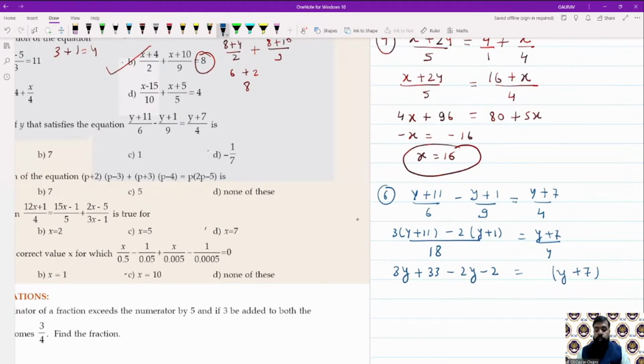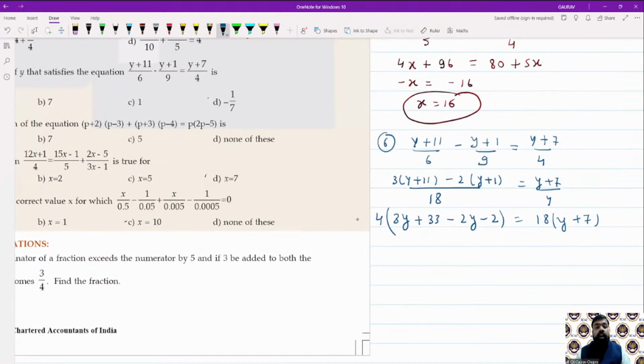Also, we can do the cross multiplication. So 18 will go on right hand side and 4 will go on left hand side. So let's solve this. So 3y minus 2y is y, and y into 4 is 4y. 33 minus 2 is 31, and 31 into 4 is 124, equal to 18y, plus 18 into 7 is 126.